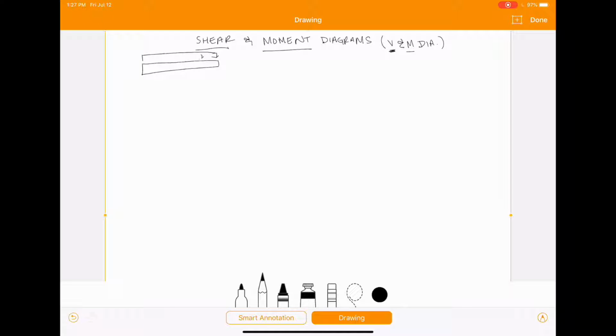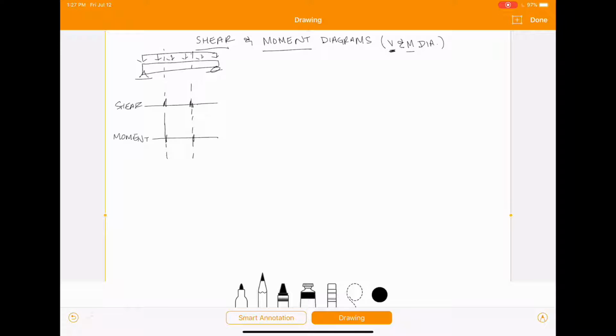So if we had some loading on this beam here, we know that the shear and the moment are going to change as we move through this beam, depending on if we were to cut it here or here. The shear and moment are going to be different at those different points.